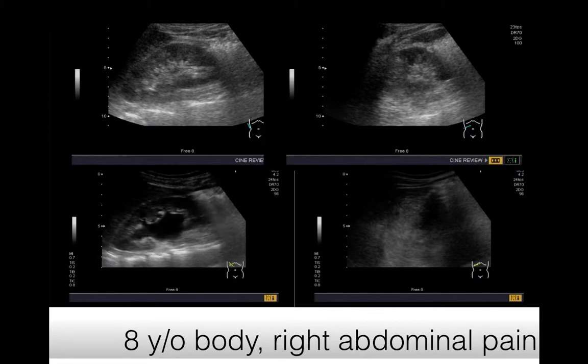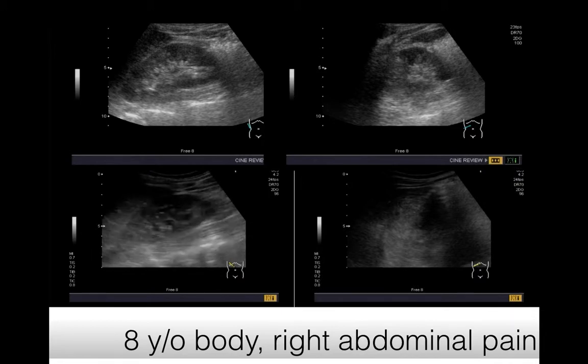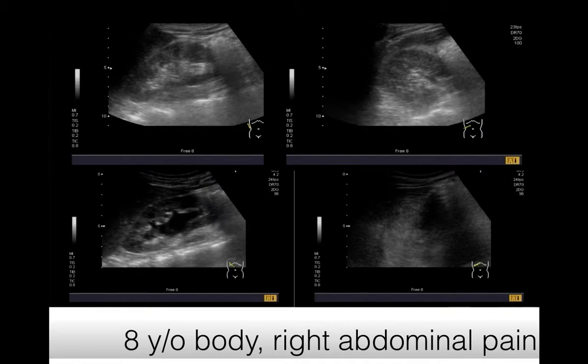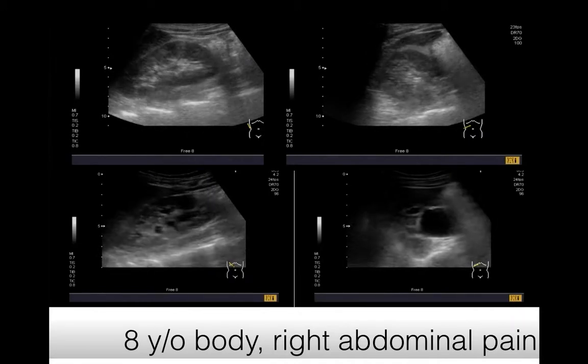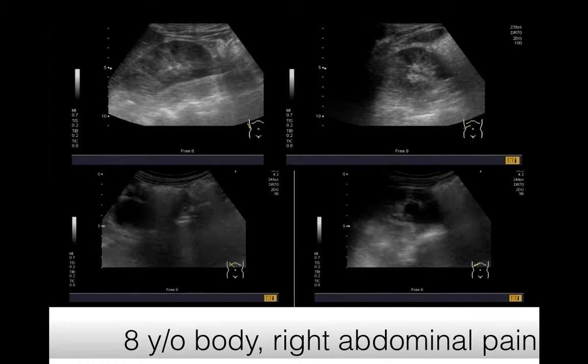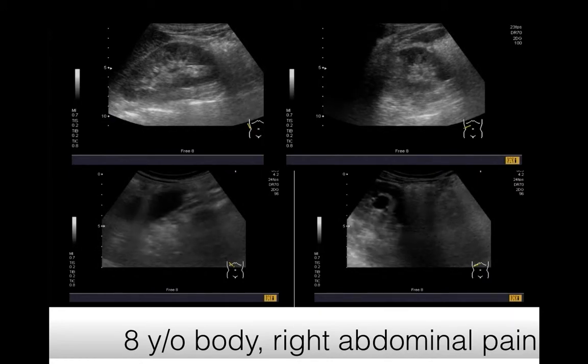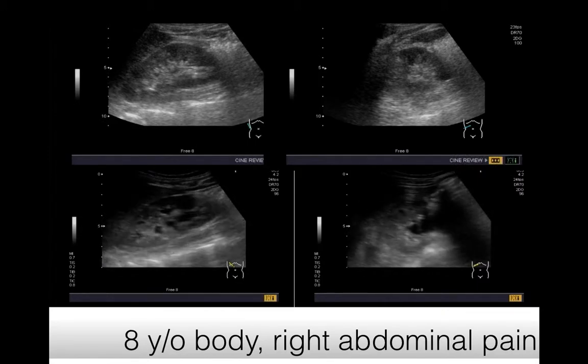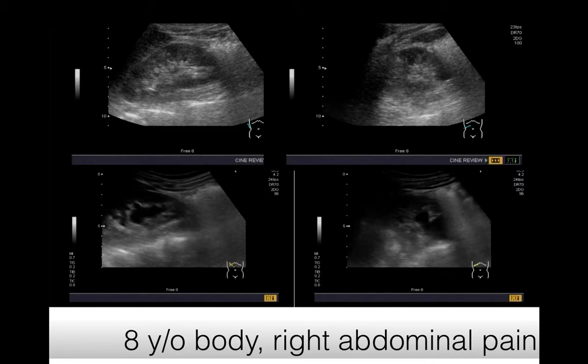Just tapering, no obstruction inside. And then the transverse kidney, the collecting system, the hydronephrosis, and get the transverse view of the hydroureter, just near the IVC.